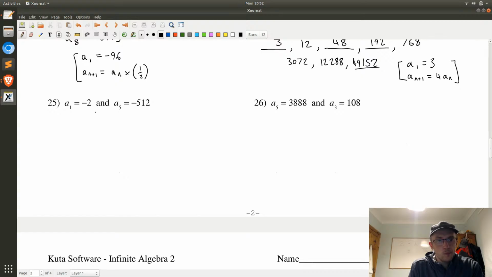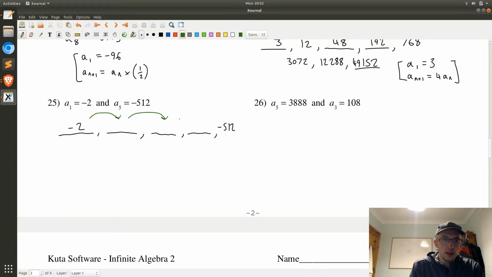Now, term 1 is negative 2. Term 5 is negative 512. Goodness me. How do I proceed? So here it's by r, 4 times. So what do we do? We write down negative 2 times r to the 4 equals negative 512.